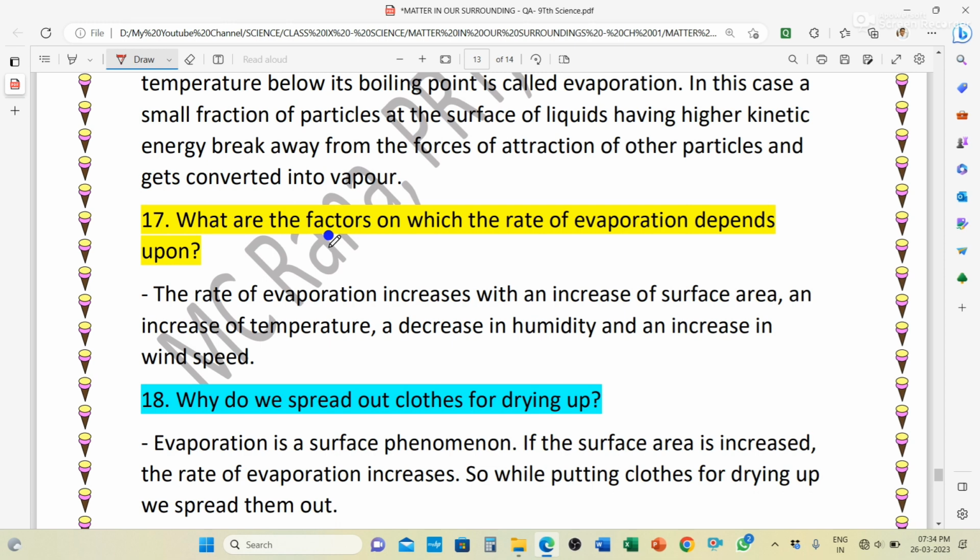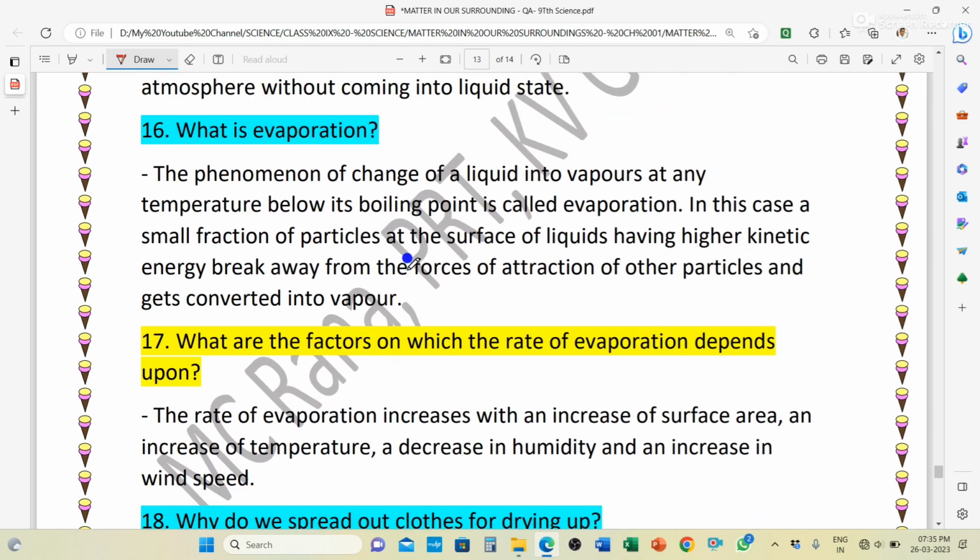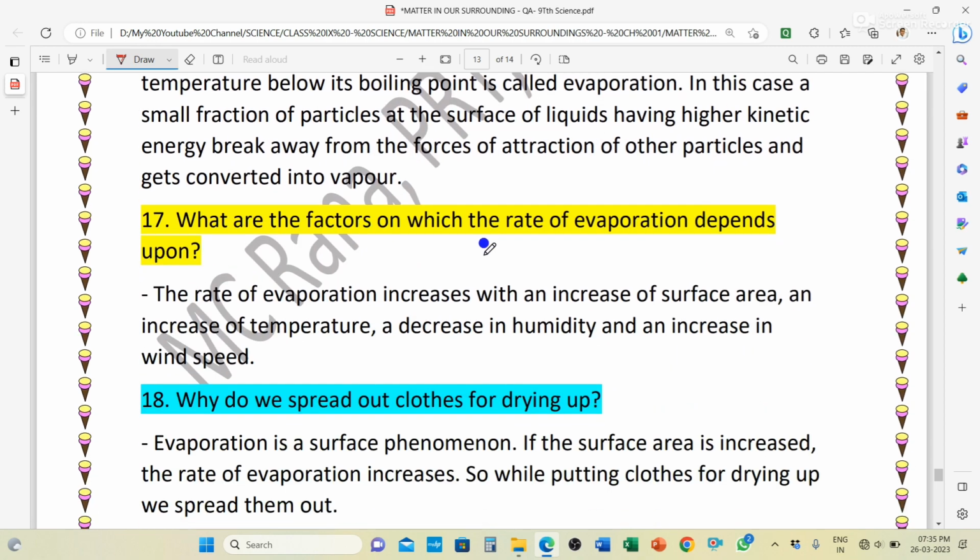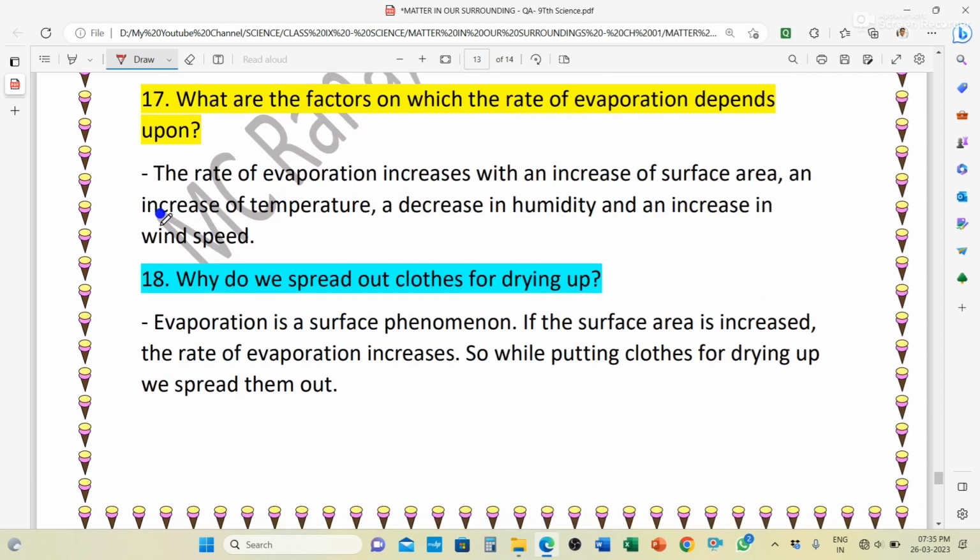But boiling is not a surface phenomenon. Boiling is a bulk phenomenon, and boiling occurs at the boiling point only or above it. But at any temperature below the boiling point, evaporation can occur. What are the factors on which the rate of evaporation depends? The rate of evaporation increases with an increase of surface area, an increase of temperature, a decrease in humidity, and an increase in wind speed.